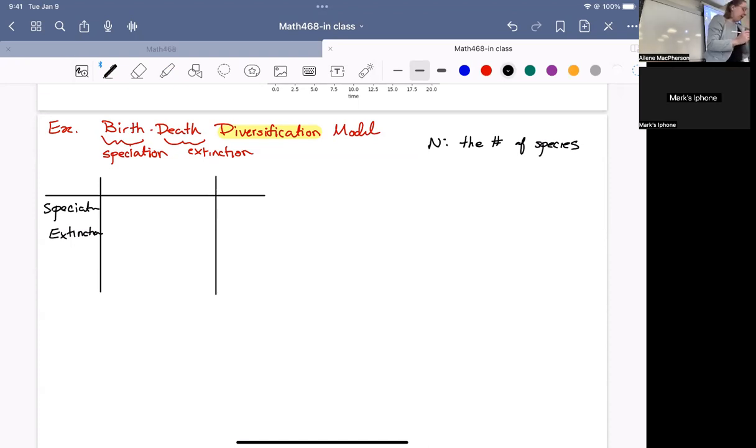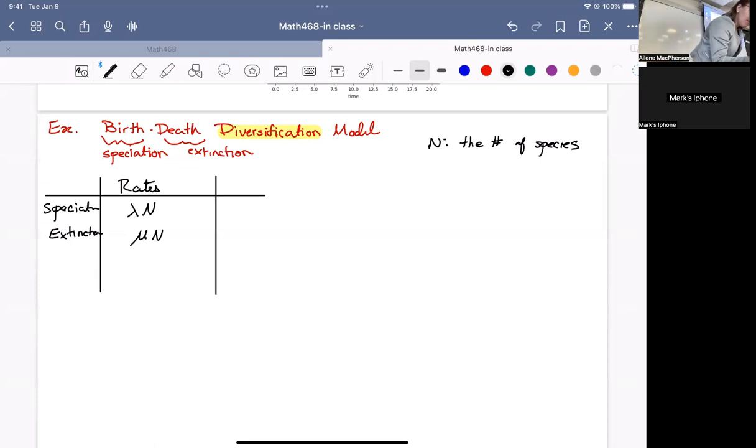Following the classic notation for this, the speciation rate is lambda times the number of species. This means that the more species there are, the faster species are created, so it's a per capita speciation rate. You also have extinction, which occurs at rate mu. Each species goes extinct independently, so the more species there are, the more extinction there is.